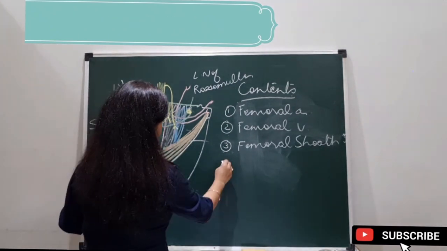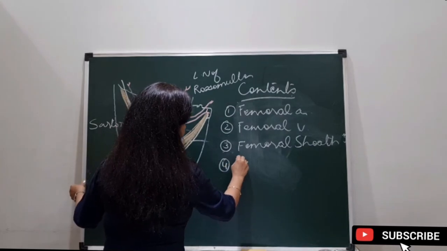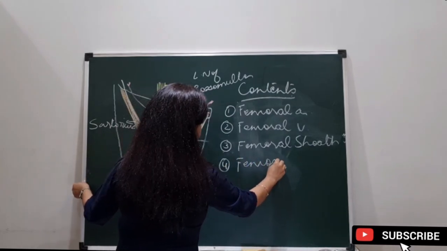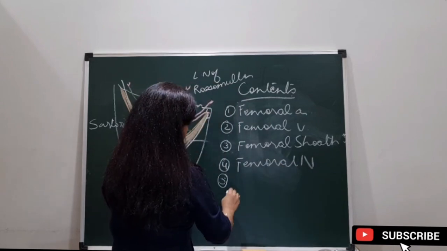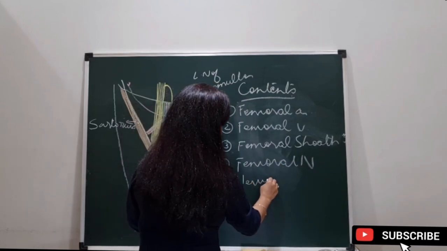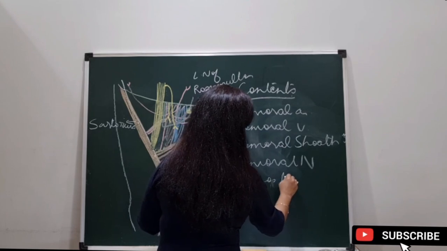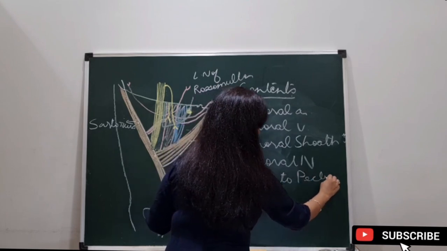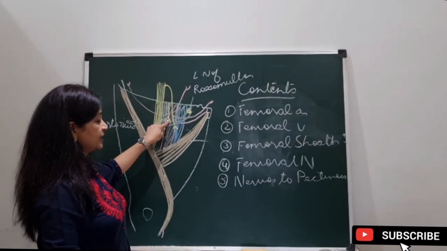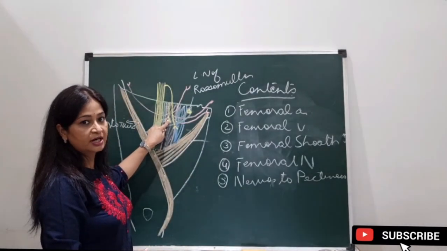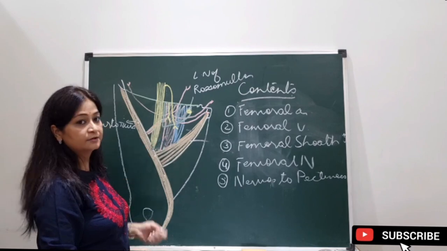So, next to the femoral sheath, we have seen the femoral nerve, and the other nerves are nerve to pectineus. Also, this branch which we have already seen, the femoral branch of genitofemoral nerve.